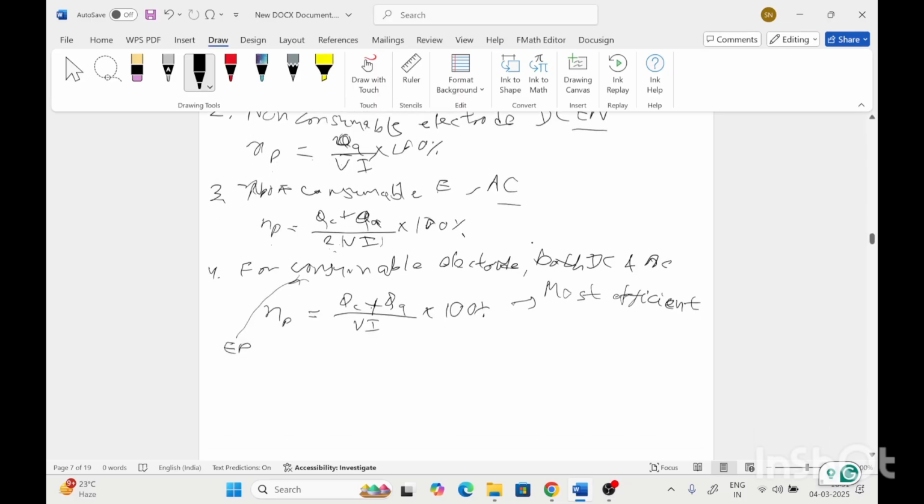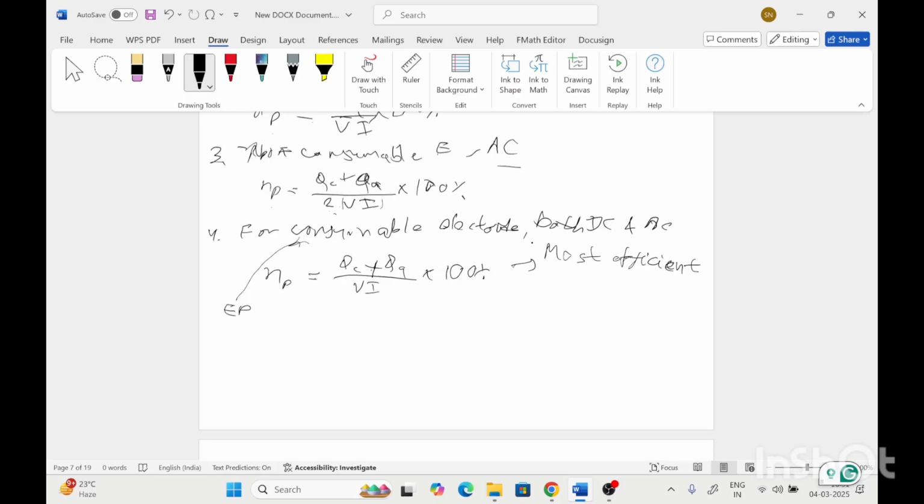In the last case, for a consumable electrode, where both DC and AC are supplied, the heat efficiency can be written as QC plus QA divided by VI into 100%. So by seeing these terms, we can see that the highest efficiency is for the consumable electrode. And also for the consumable electrode, the polarity is electrode positive.